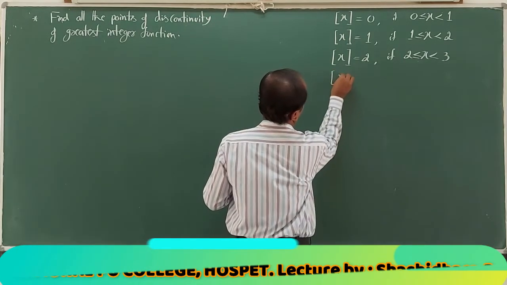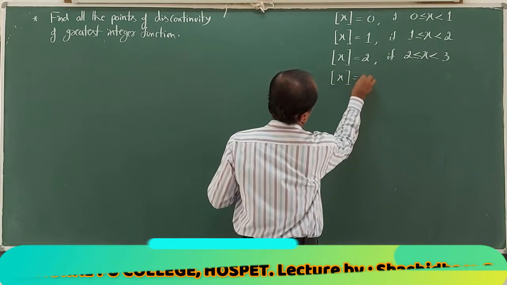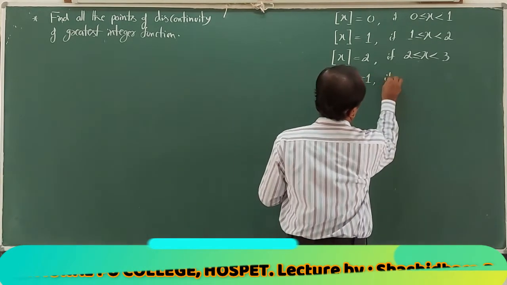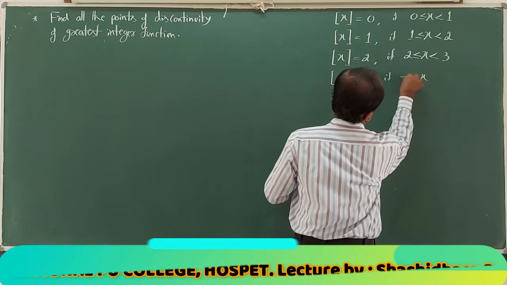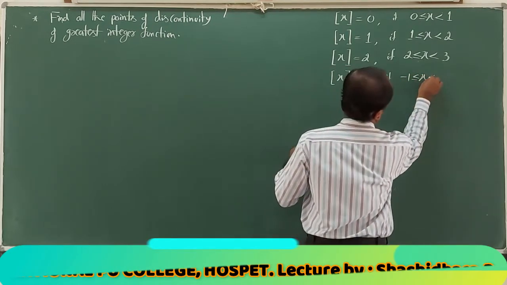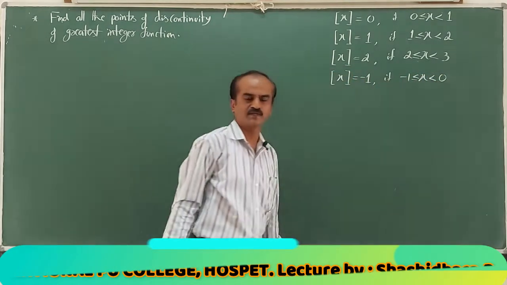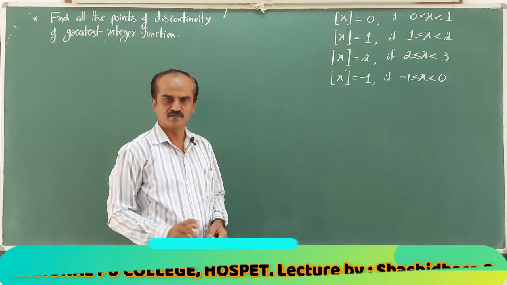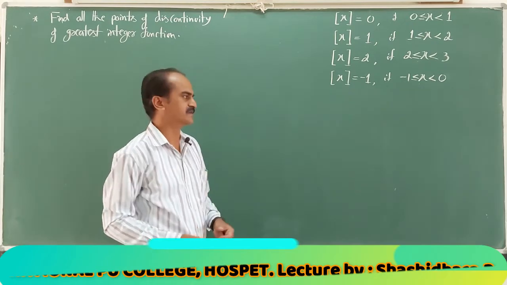Now for what values of x will the greatest integer of x be equal to -1? If x is greater than or equal to -1, it is less than 0. Like this it continues. This is enough information to write the graph of the greatest integer function.